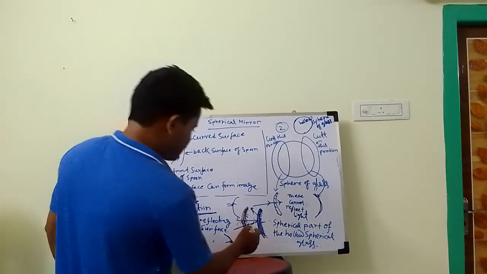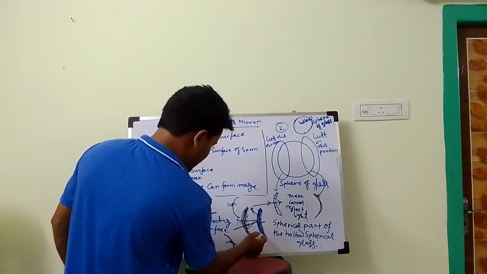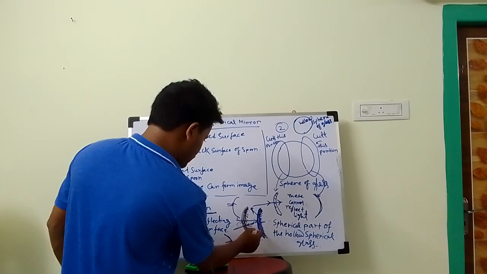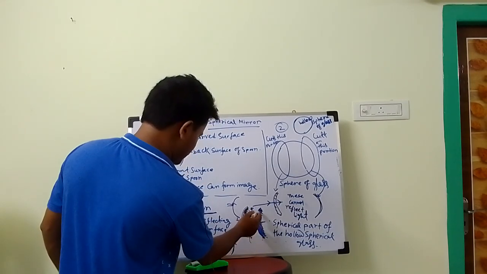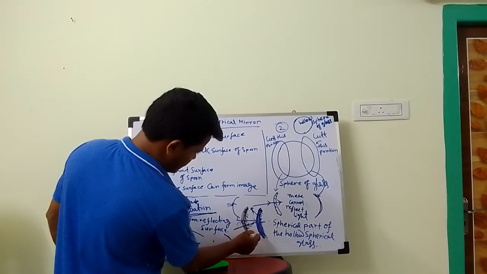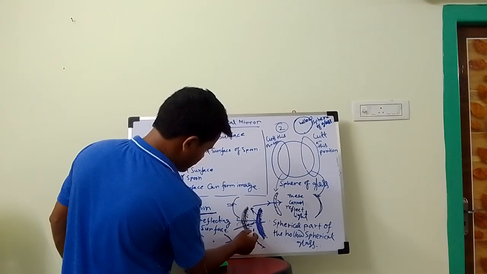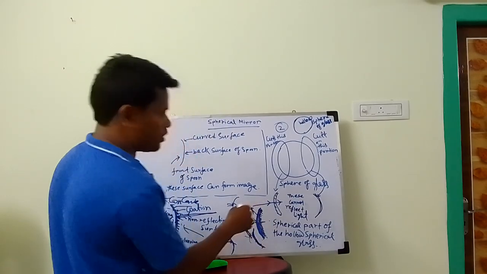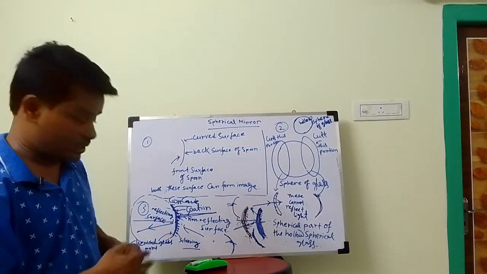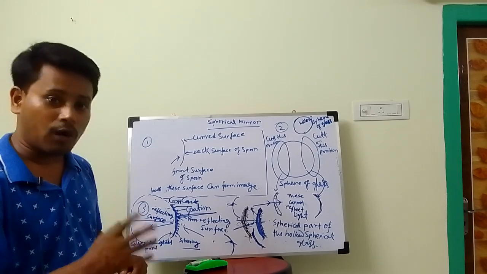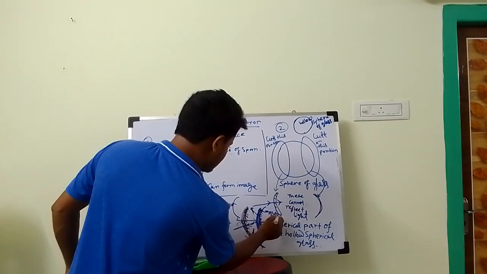And the spherical mirror which has its reflecting surface curved outward, here you can see this is the reflecting surface and it is curved outward, can be called a convex spherical mirror. So here this is the convex spherical mirror.